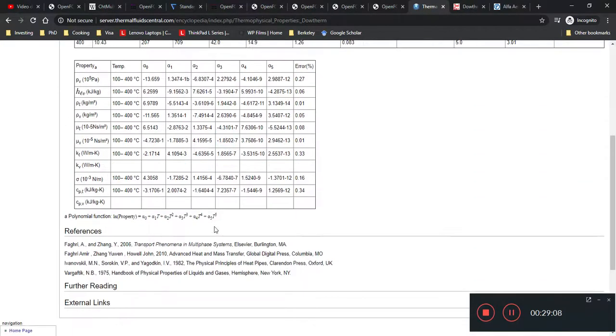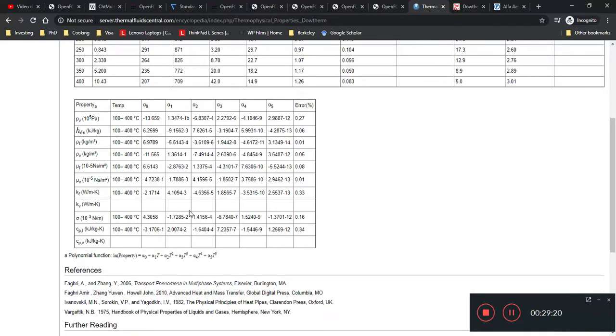You see, you have these polynomial coefficients from A0 to A5, or alpha 0 to alpha 5, for a temperature of 100 to 400 degrees C. So this will give you the proper temperature relations for Dhalsim.